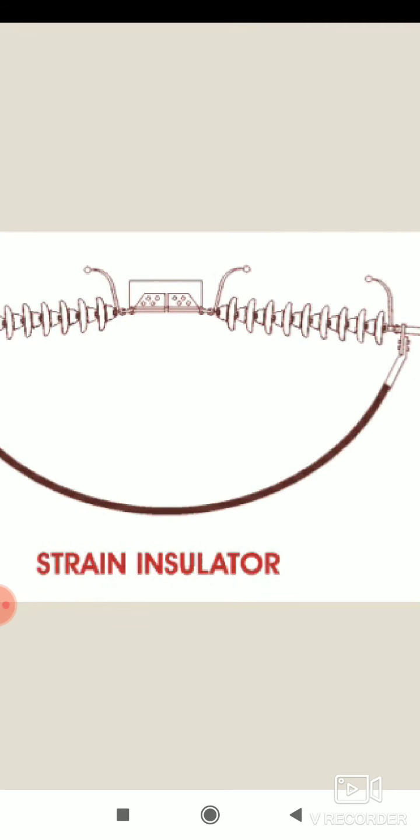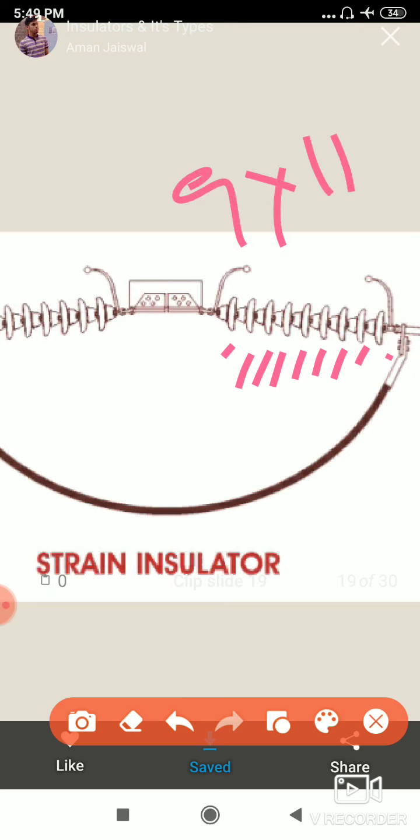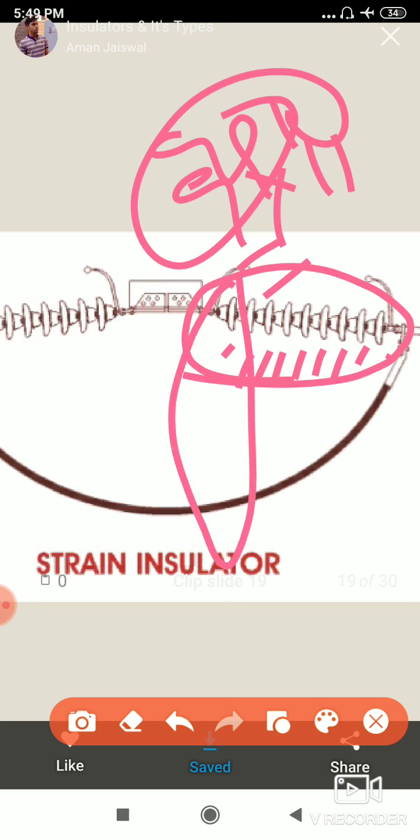How much tension means how much voltage the line carries, which means how many discs. Counting 1 2 3 4 5 6 7 8 9, that is 9 into 11, so a 99 kV line. If there is any turning point, that much tension is going to be present, and to avoid it we use a strain insulator. If they go horizontally, we call it a suspension type insulator.